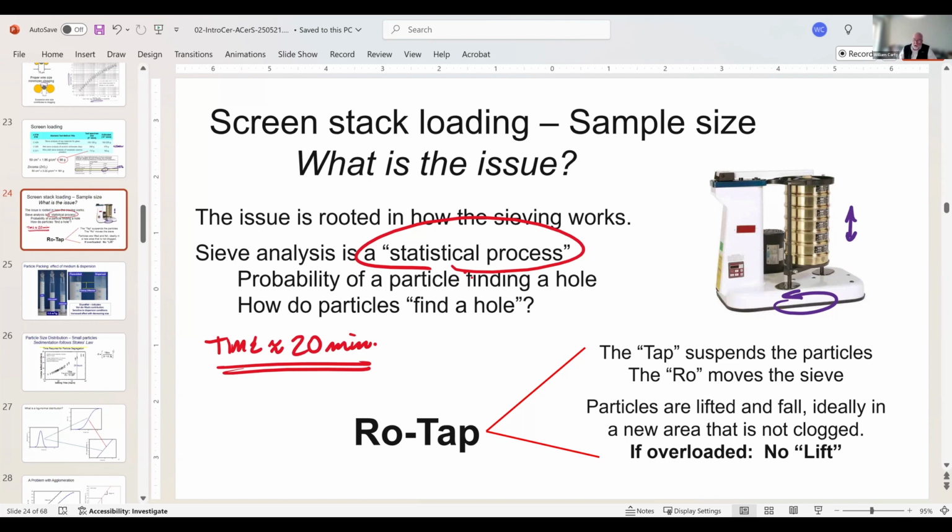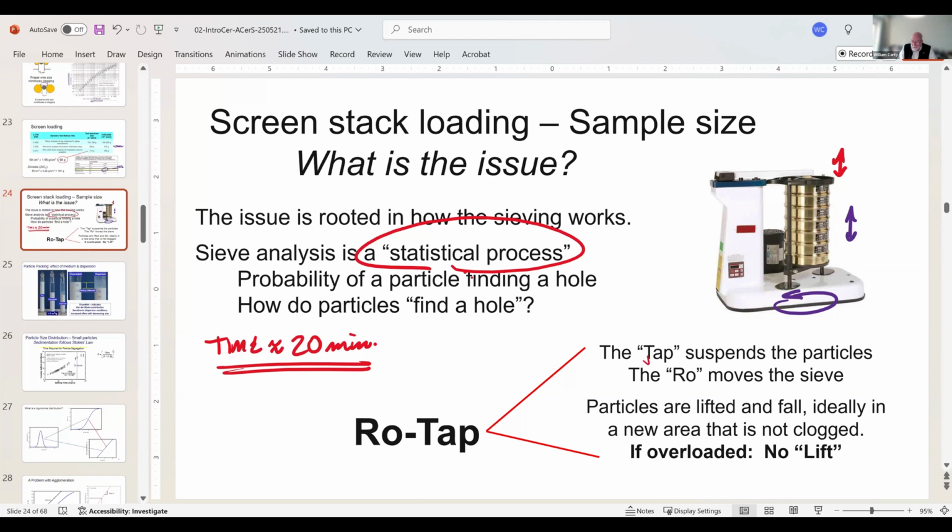What happens is that when this thing bangs, all the particles on the sieve lift up and get suspended, and then it rotates, and the sieve moves, and the particles sit down in a new location. Then it gets banged again, and they lift and set down. They lift, and they set down. So the particles are moving in that system, and that is a remarkably efficient way to do this.